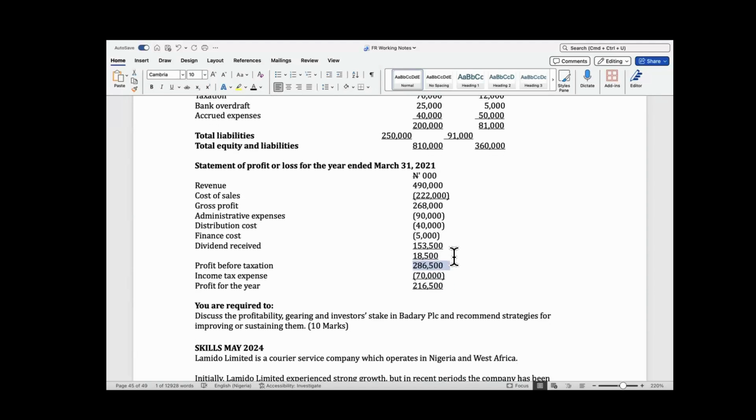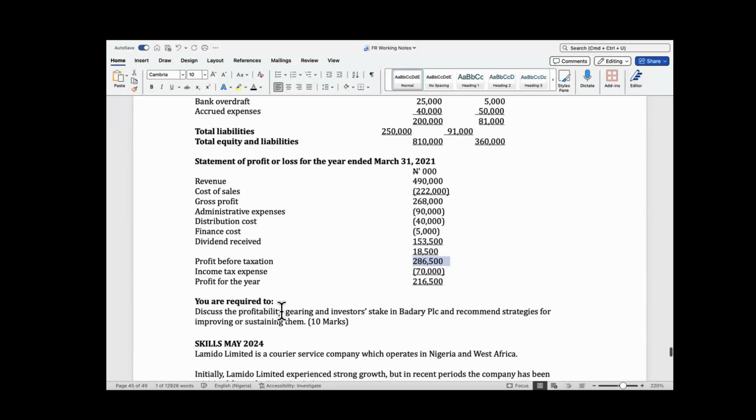Gross profit, net profit, ROCE, return on capital employed, and operating profit margin would be looking at the same thing because they are all determined by the costs of the company. So those two ratios will help you take care of discussions on profitability.